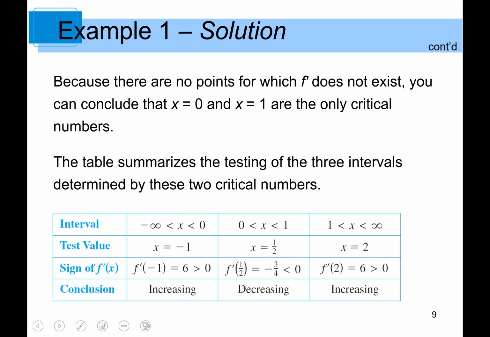So this is just the solution of what we just covered, and the table below. This table is super useful, and you should definitely utilize the table to test the intervals for increasing and decreasing intervals. The two critical numbers in this case are super important to separate the domain into 3 different subintervals and test each interval correspondingly.